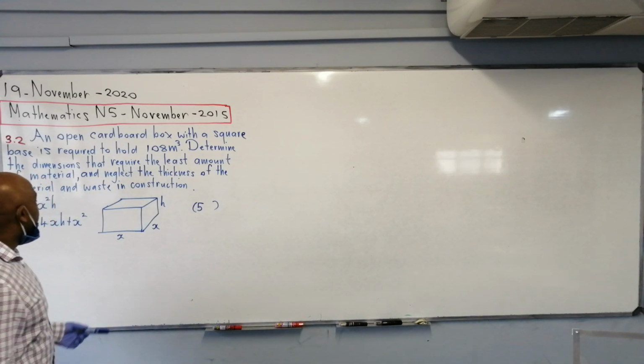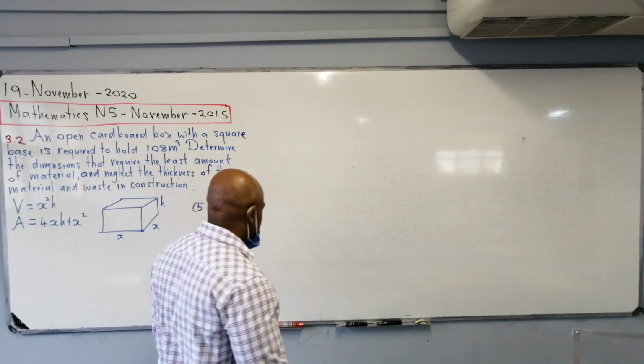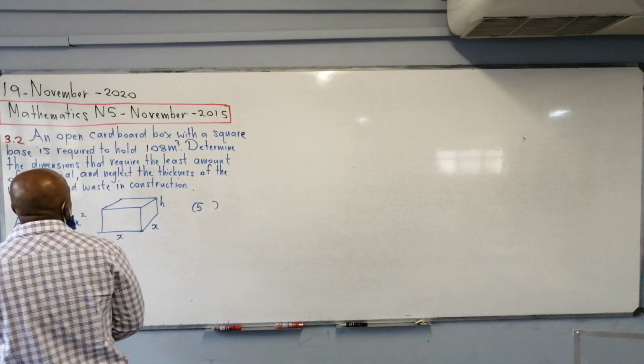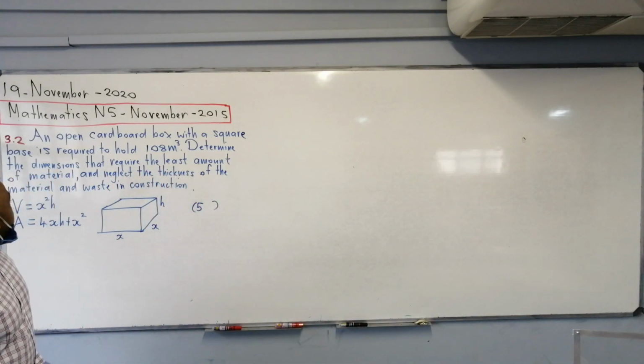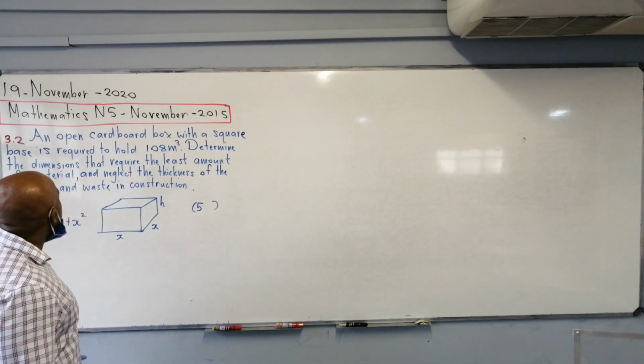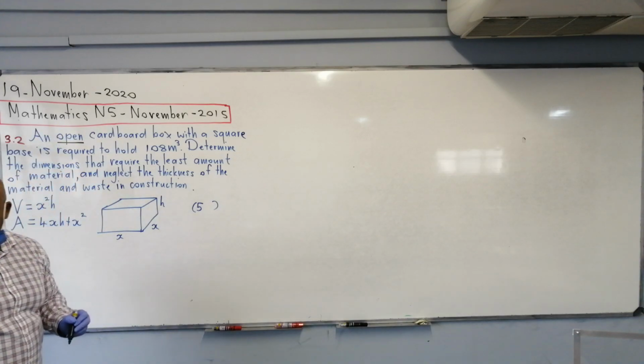Right, and we were given these two formulas. So, let's see what we're going to do. Let's go back to the question and look for all the given information, the key information. Number one is, it's open.